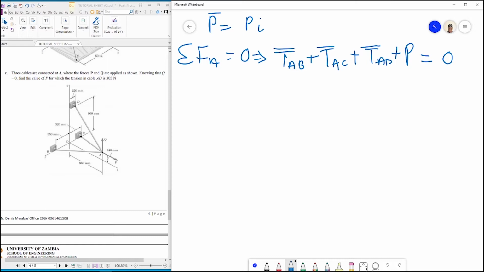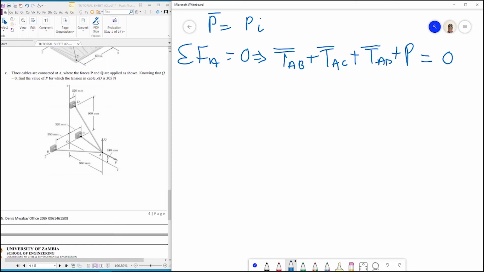But the question is saying find the value of P for which the tension in the AD is 305.